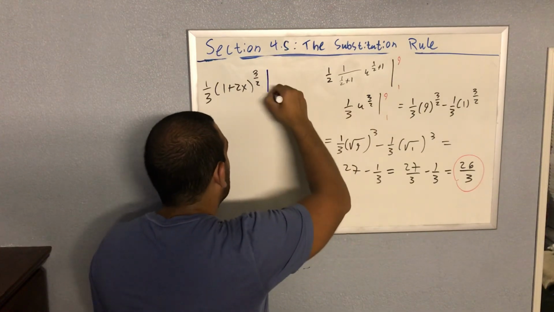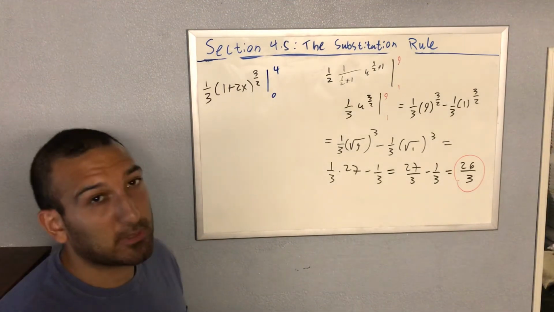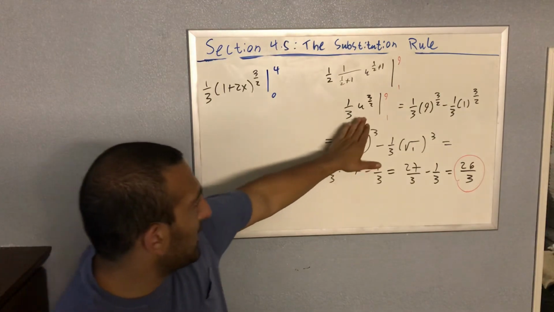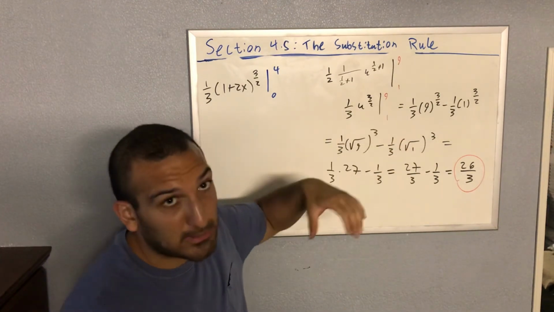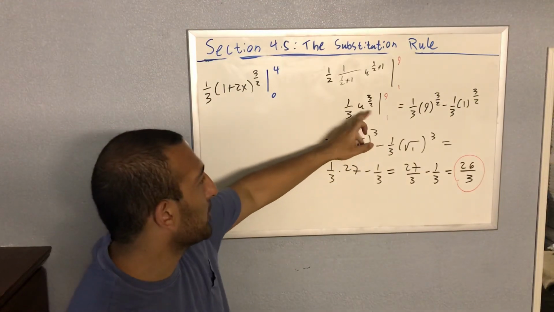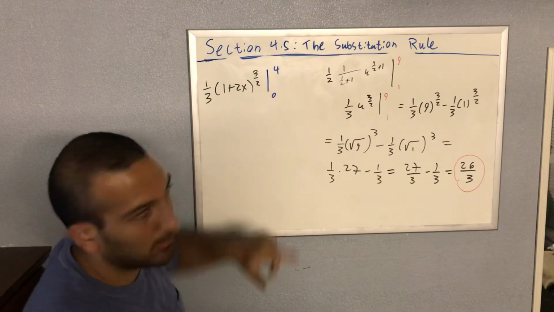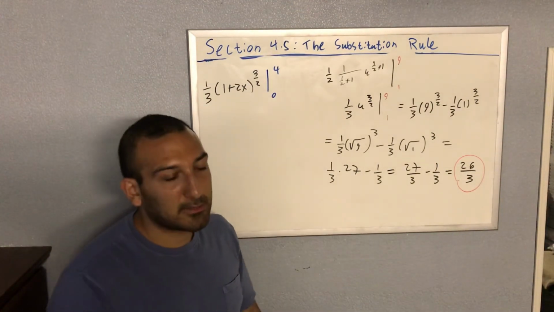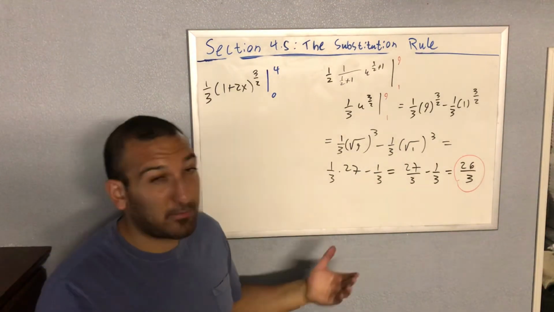They should be the original limits of integration. So that's your choice. You can do this either way. If you keep it in this form, then you can use 1 to 9, the new limits of integration, because that corresponds to u. But if you switch back to a variable of x, then you have to use the old limits of integration, which were 0 to 4. And this should work out to give you the same answer. So you can double check this, and it's just kind of preference, really.